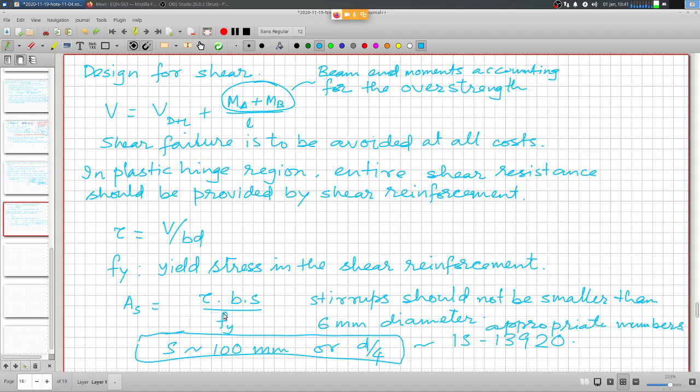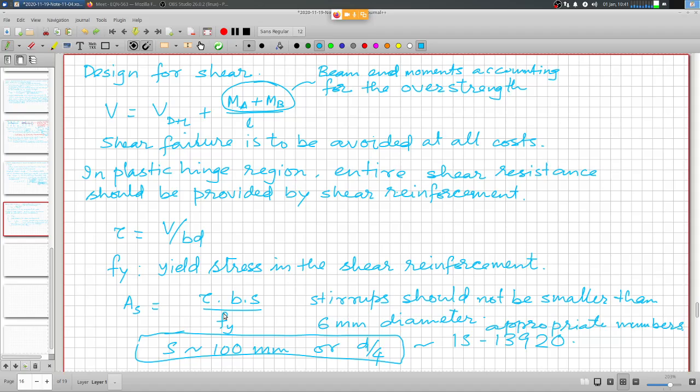And in the middle, if that is the elastic region, then this spacing can be relaxed, and some contribution from the resistance of the concrete in shear can also be incorporated, and that will lead to more spaced out placement of the stirrups.